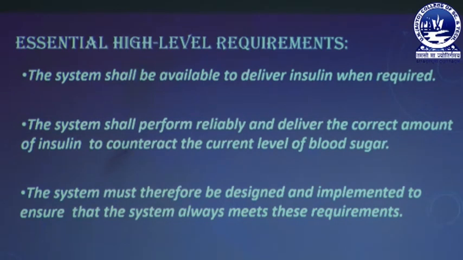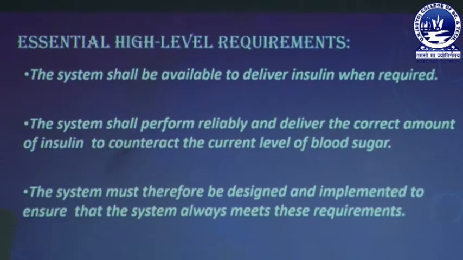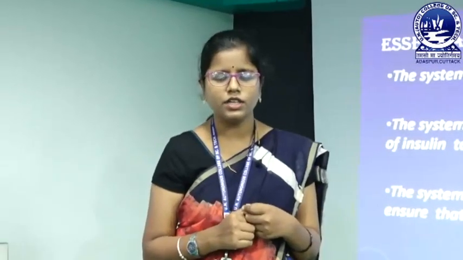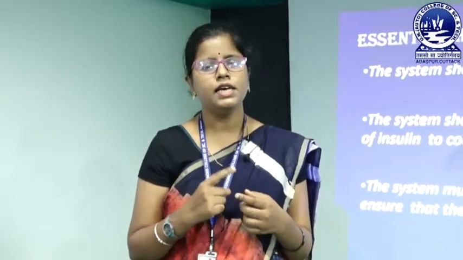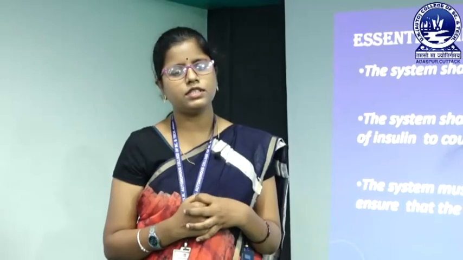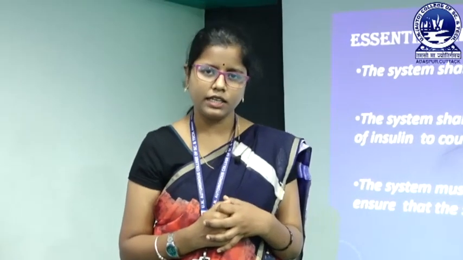So, the system must therefore be designed and implemented to ensure that it always meets these requirements, that is availability and reliability. As far as our syllabus is concerned, there are 3 case studies. One is insulin pump control system, second is your weather information system, and third is mental health care system.